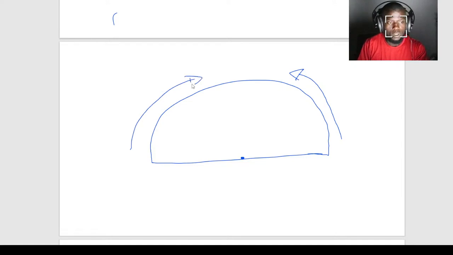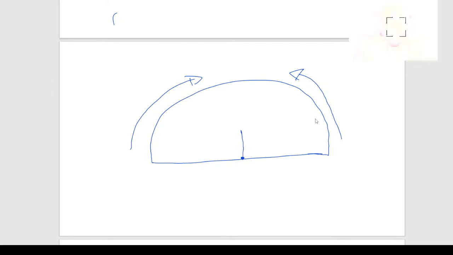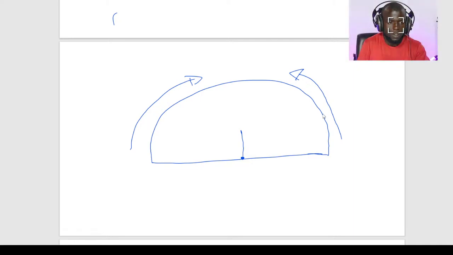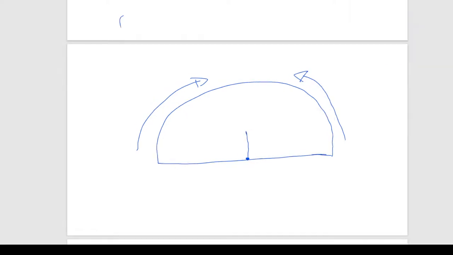This is the clockwise. So it means that this is clockwise, this is anti-clockwise. Let me check if I can find a protractor here, and then I can show you exactly.